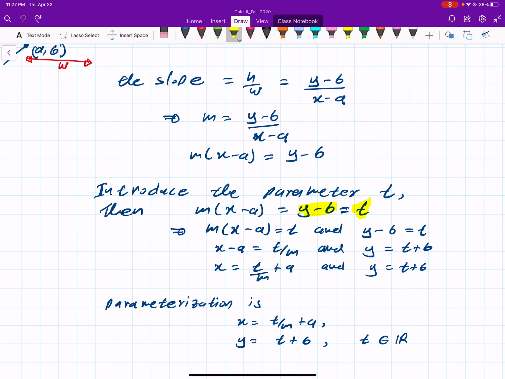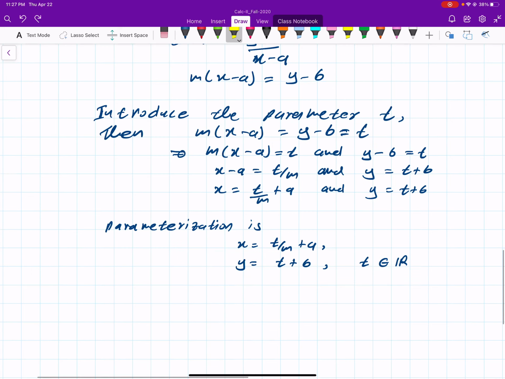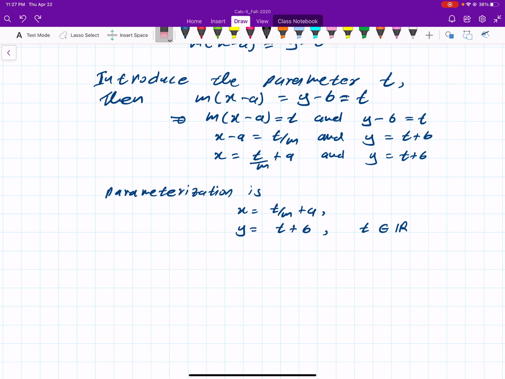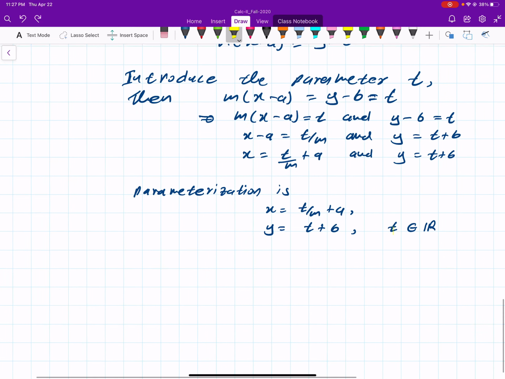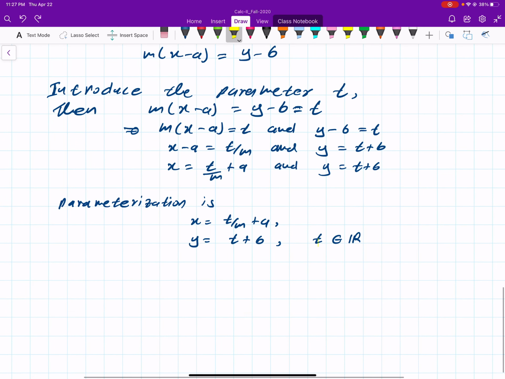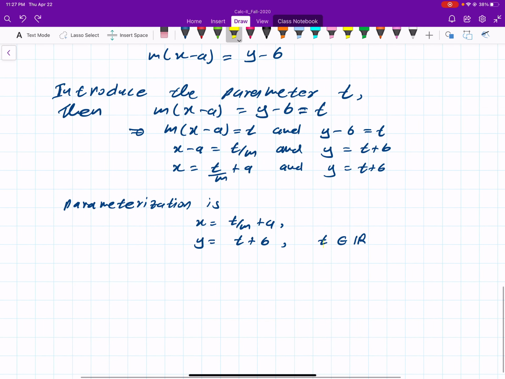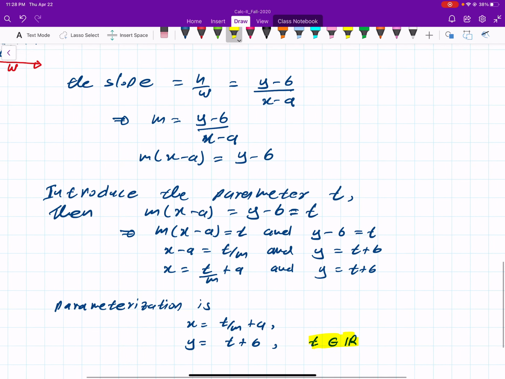So I say t is in R. This is the parametric equation of the straight line.